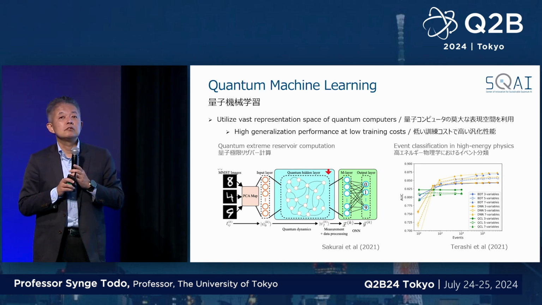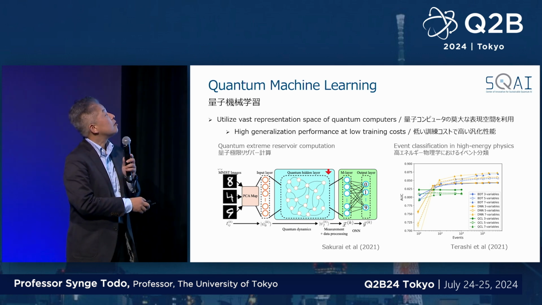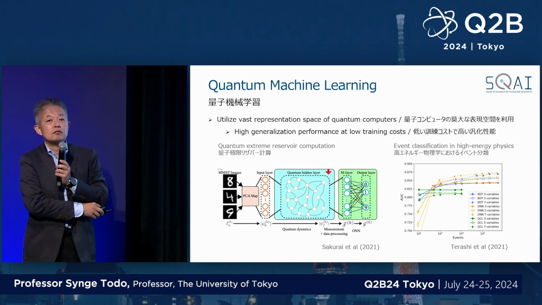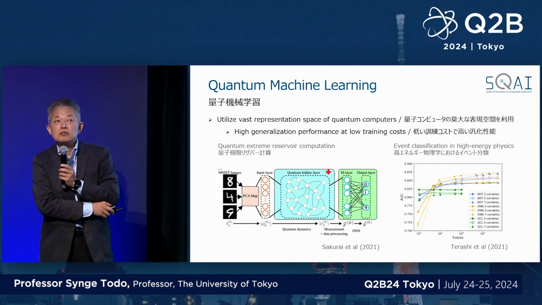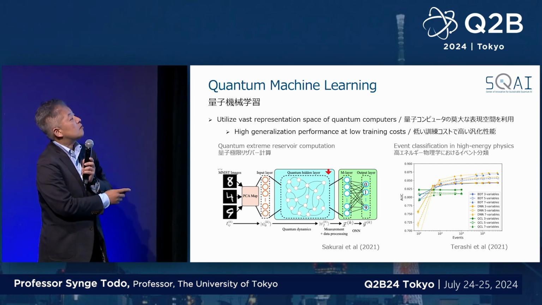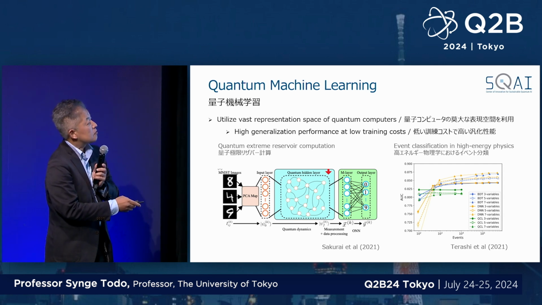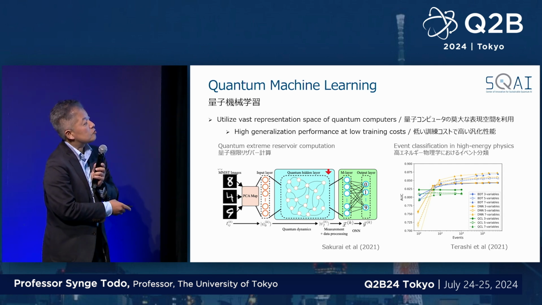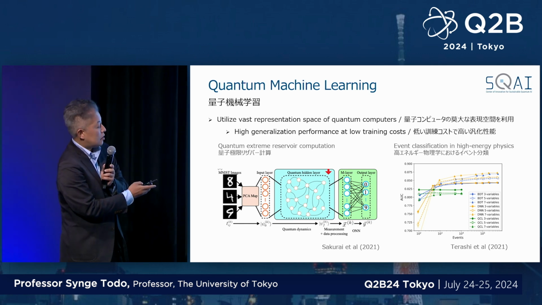For example, this is quantum machine learning possibility. On your left-hand side, we have reservoir calculation. Professor Yamamoto in the beginning talked about this. We use reservoir to come up with this final part to be fed into machine learning.